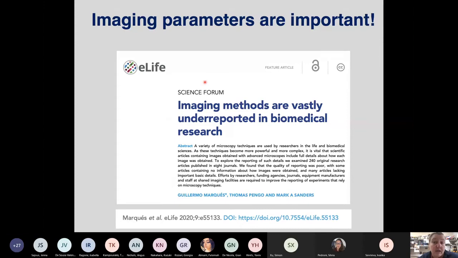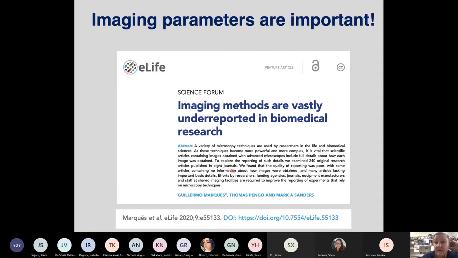One thing which you will have to bear in mind more and more in the future: up to now, a lot of people say, oh, we immunostained and then we went to a microscope and that's it. But these days are probably over, because this was published in the summer in eLife. It is a complaint by this group, and it has got quite a bit of traction in the imaging field, and it asks for efforts from researchers, funding agencies, and journals that you supply the information.